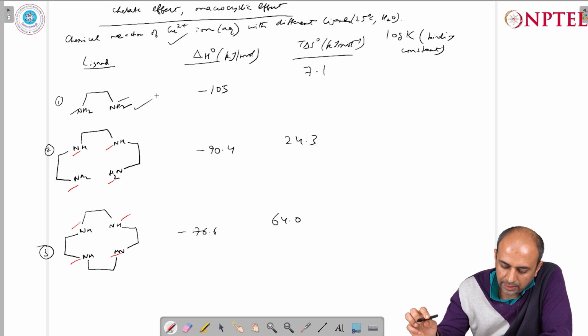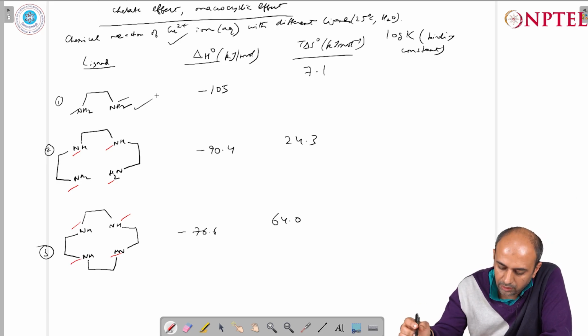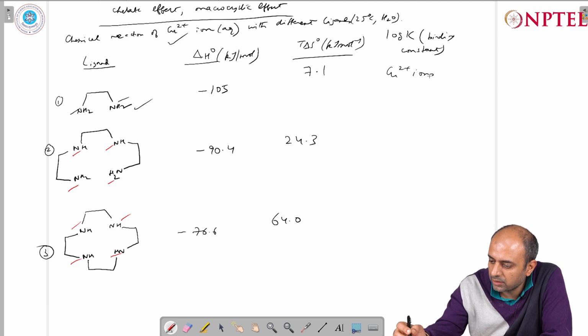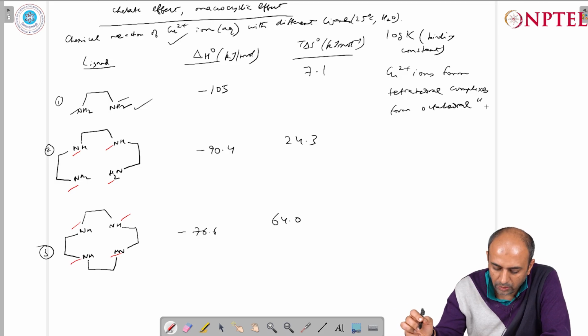So, we can see here that when copper ion now binds, in the first case we know that copper 2 plus ions form tetrahedral complexes, as well as they also form octahedral complexes. Okay.